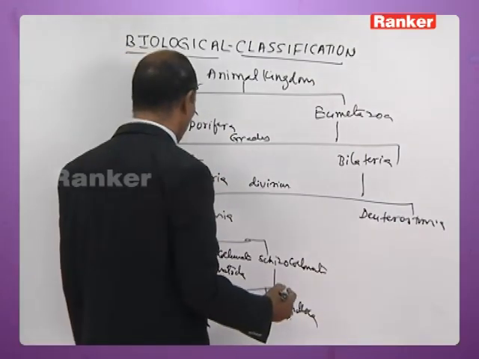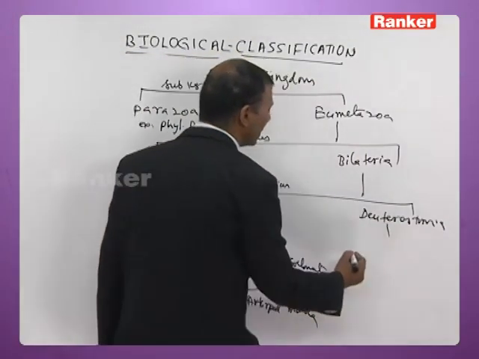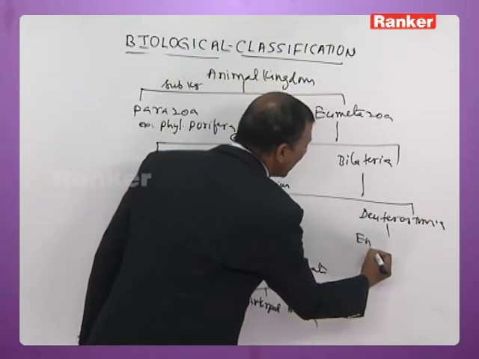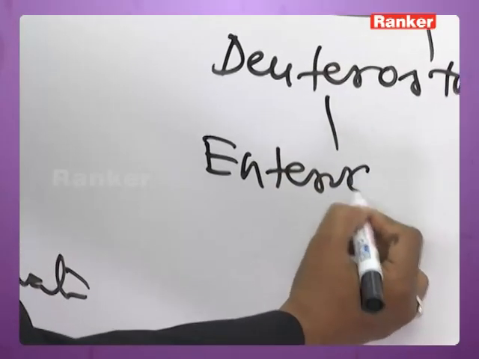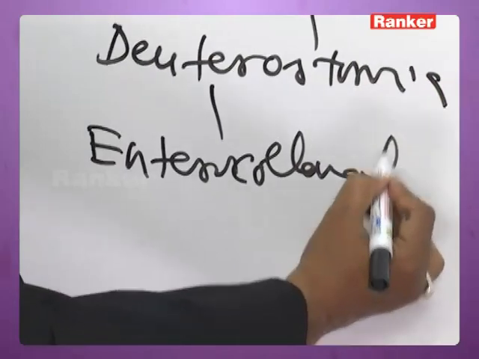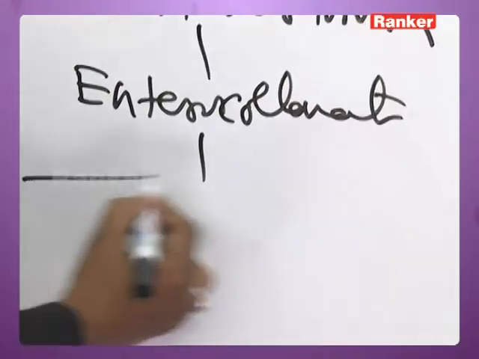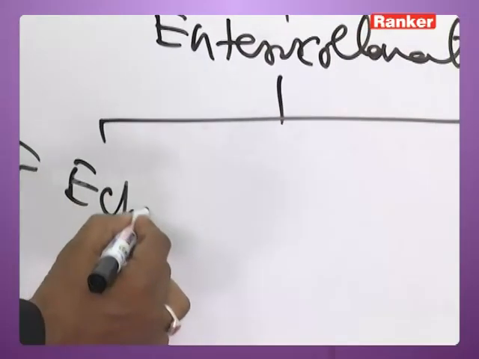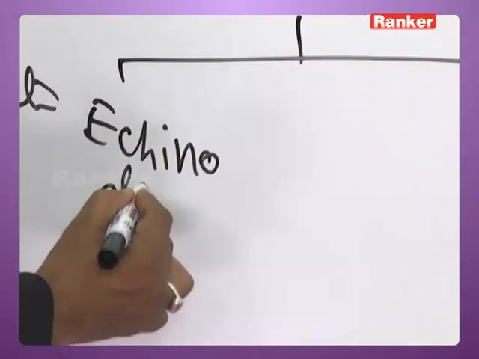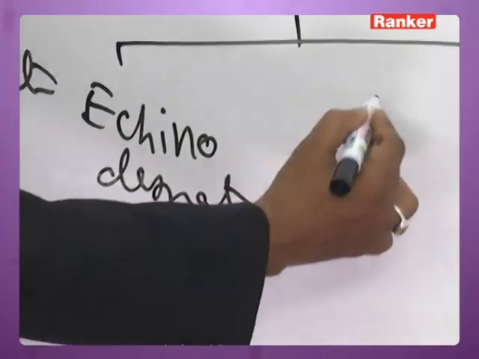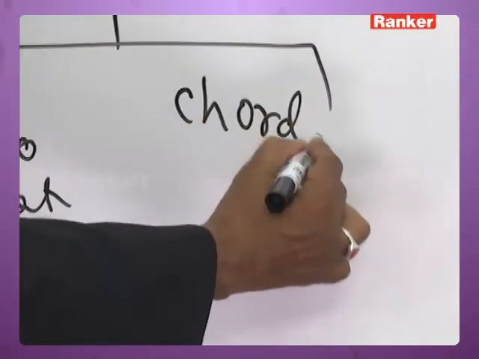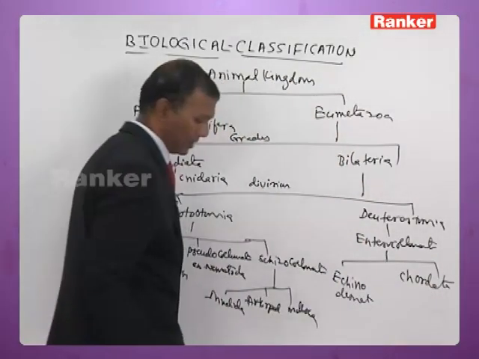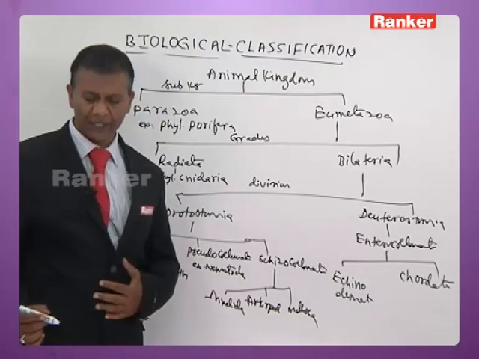Then under Deuterostomia you have a single subdivision, that is Enterocoelomata. This is divided into Echinodermata and Chordata. So this is the entire classification of the animal kingdom.